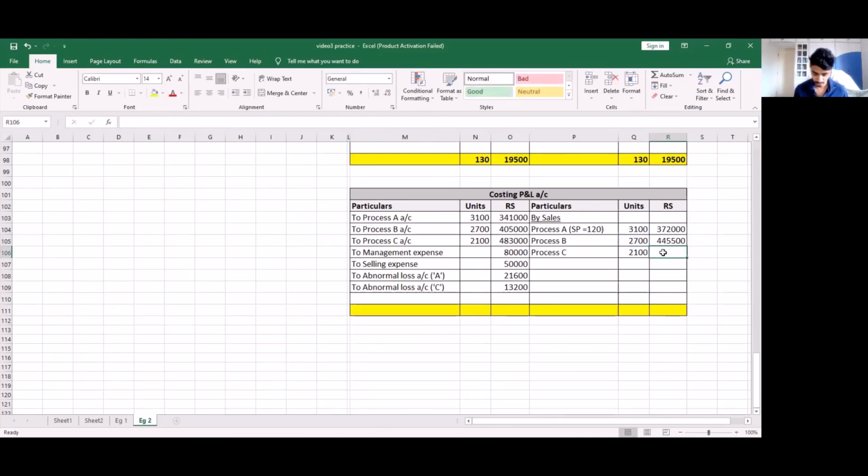And finally, for process C, we are given that our selling price is 250. So we will multiply 250 with 2,100 to get 5,25,000. So these are our sales values. So on the debit side, what we have is our cost for these units. And on the credit side, we have the sales values. So I'm quickly going to mention the selling price for all the three processes.